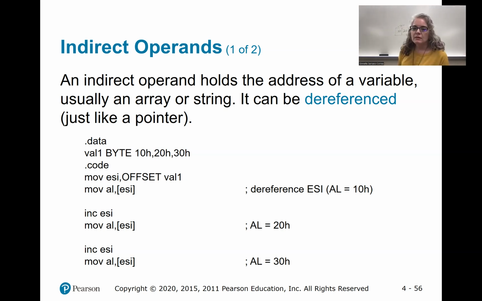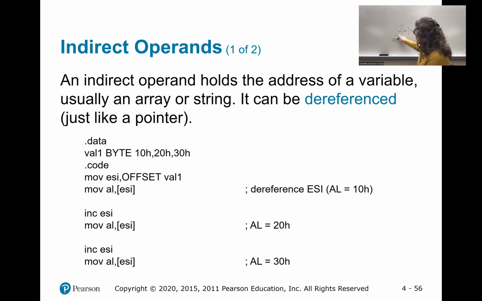So this val1 has an address, and that address is also what we call the offset. Let's say val1 actually has this address.